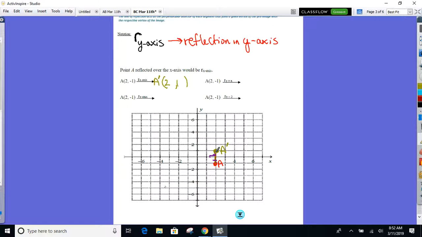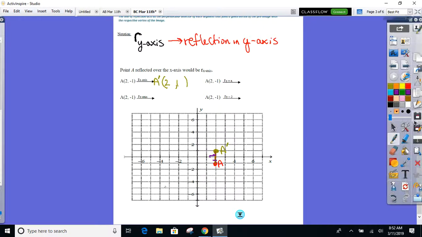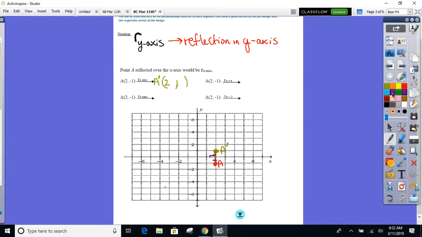Go down here. Now we're going to reflect it over the y-axis. We're sticking with point A. Don't go from A prime, go from A. So take A now and reflect it over the y-axis and let me know the point.